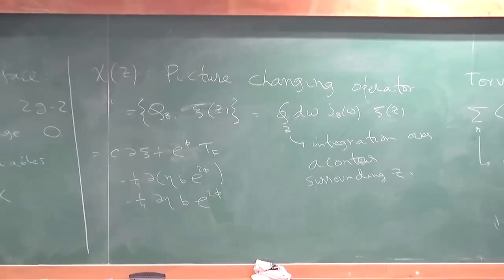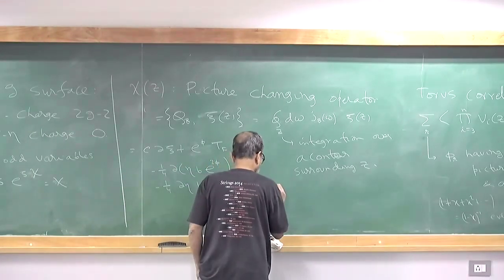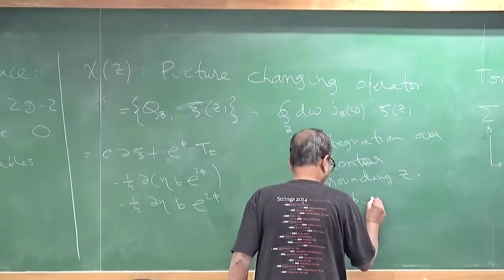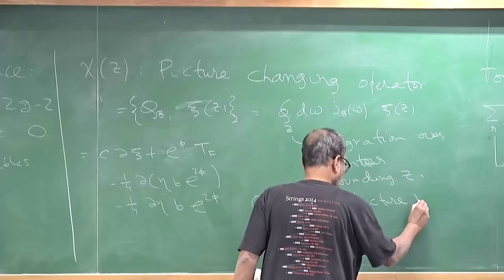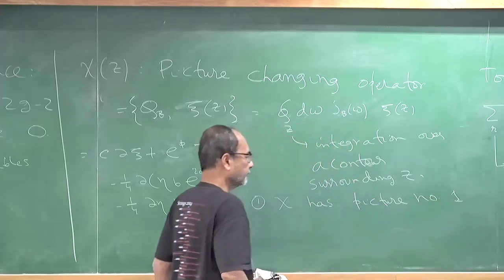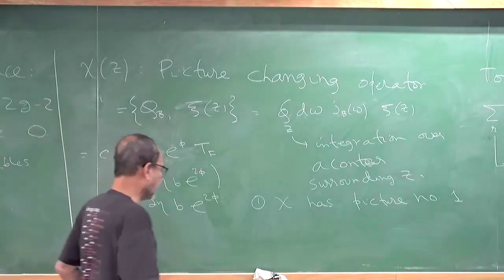Now, first of all, let's look at the properties. So χ has picture number 1. Why? Because ξ has picture number 1.